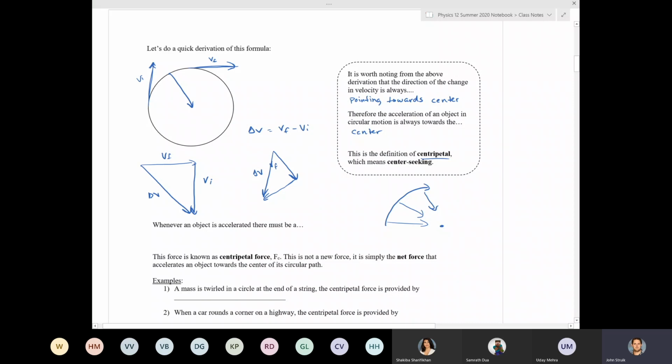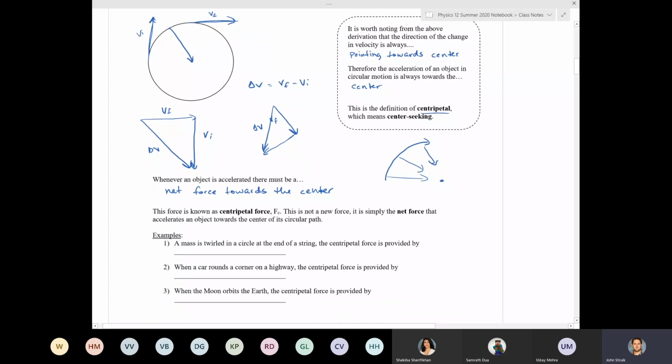And if the acceleration is always towards the center of the circle, there has to be a net force towards the center. In order for there to be acceleration, there has to be a net force. So if acceleration is always pointed towards the center of the circle, the net force is always going to be pointed to the center of the circle as well.